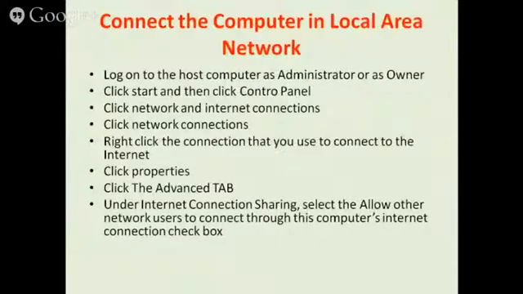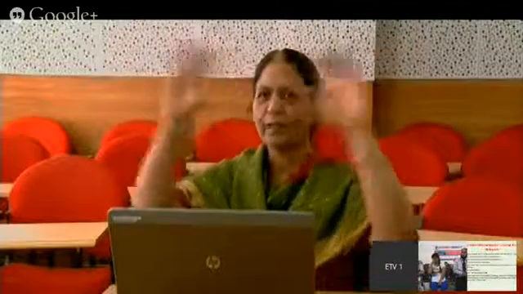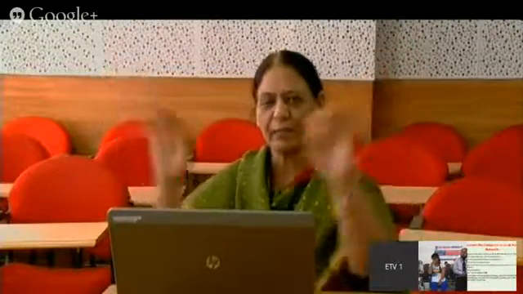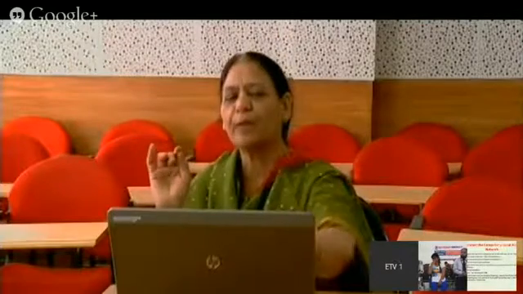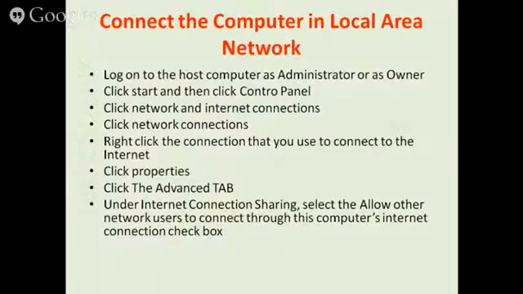So what I've done is taken up the experiment, written the objective of that experiment, that is student will be able to connect the computer in local area network. I've written down the procedural steps, and each step becomes a specific objective.